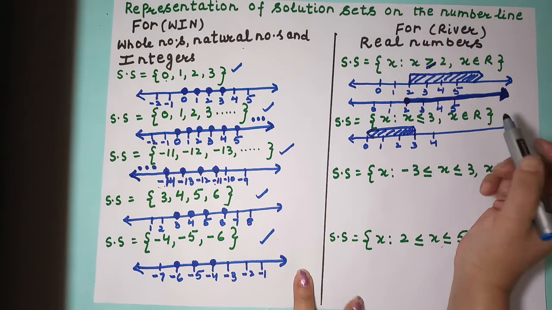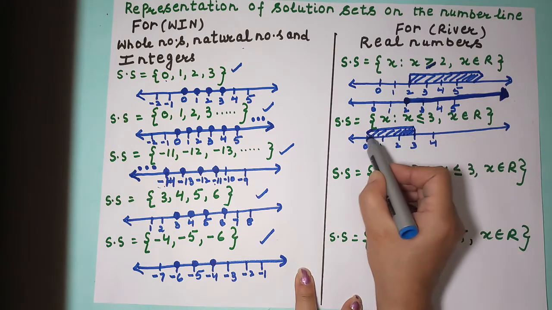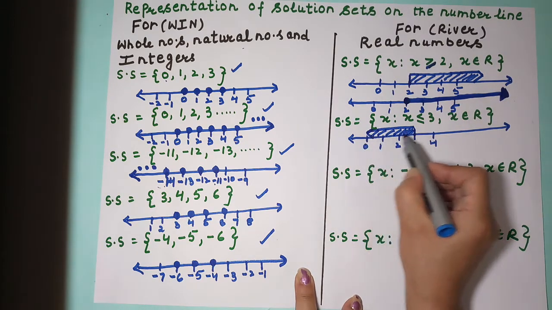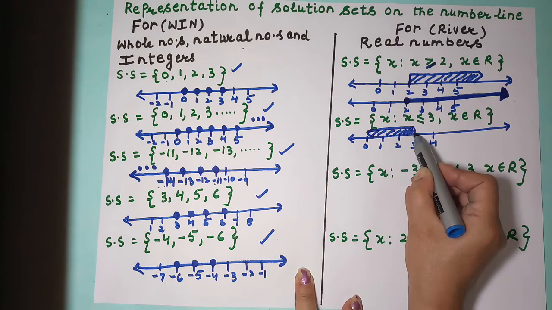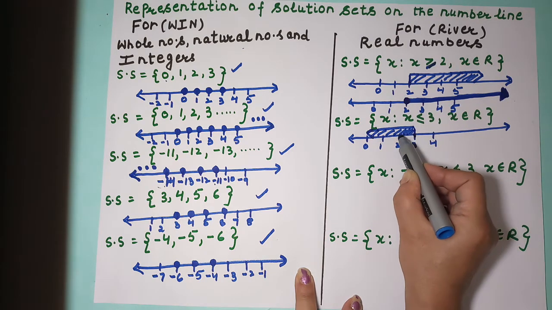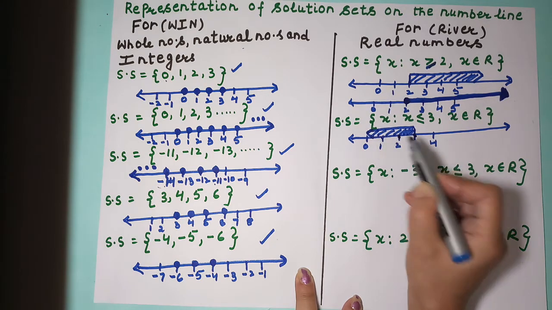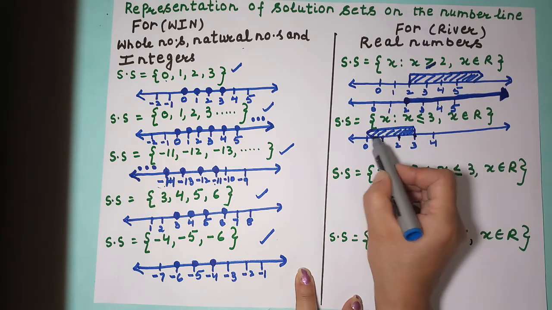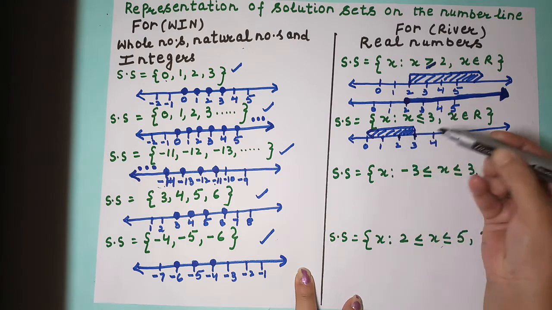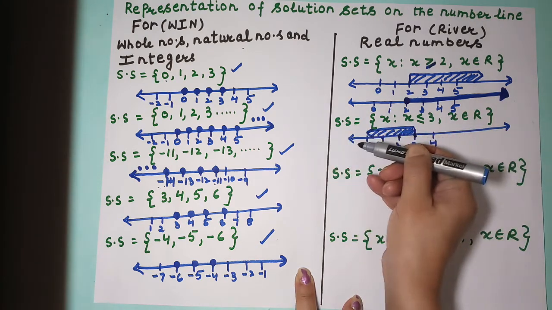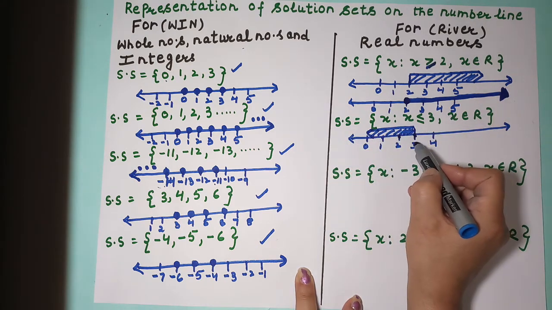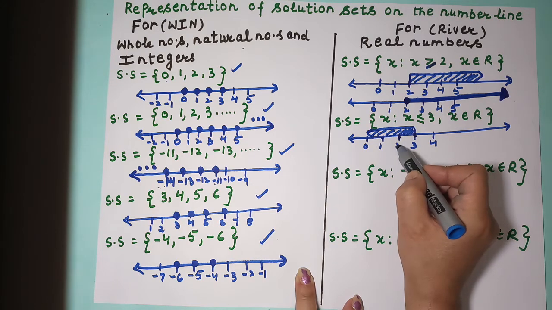Now the question is, why are we taking this rectangle? Because this rectangle means all the numbers, there are so many, all the numbers between 2 and 3 are real. That is why we are taking this as a river. This is flowing in this direction. Every number which comes in between 3 and 2 is a real number.